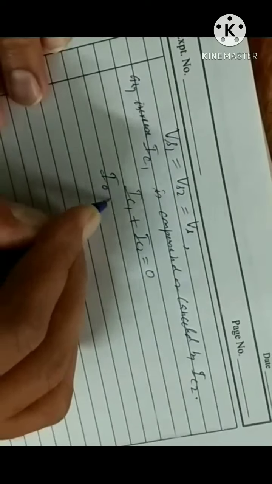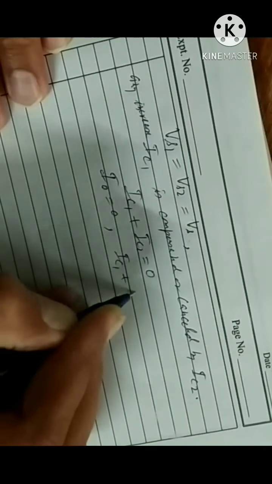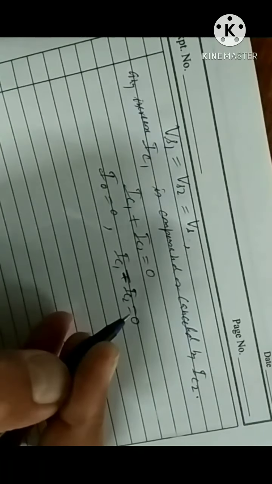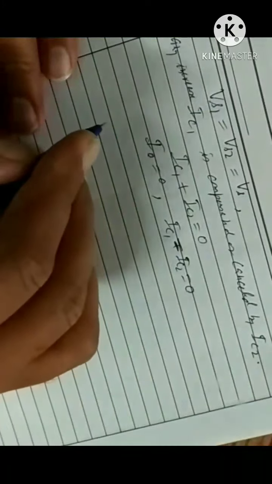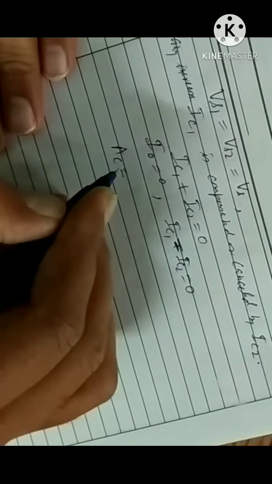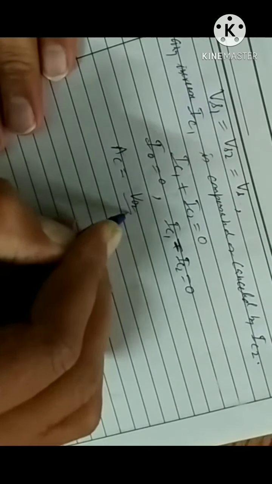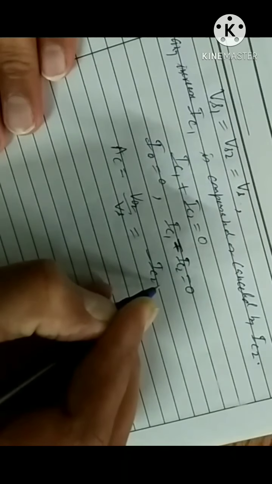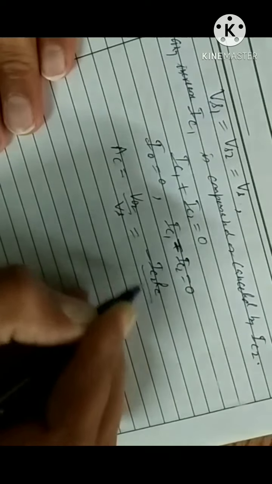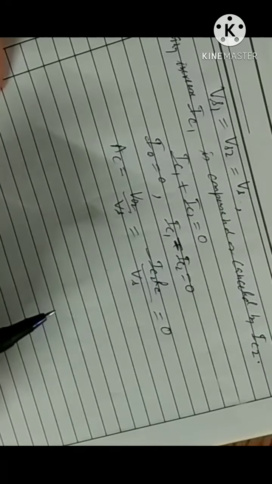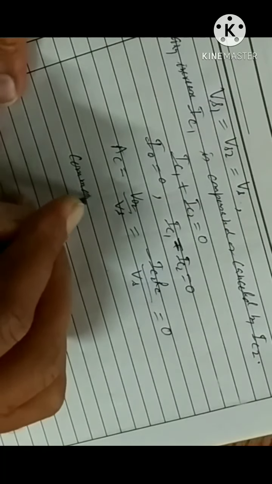So if IO is 0, then IC1 is equal to IC2 is equal to 0. So we can say that AC, that is common mode gain, VO2 by Vs is equal to minus IC2 RC by Vs, which is also equal to 0. So therefore we can say that common mode gain is 0.